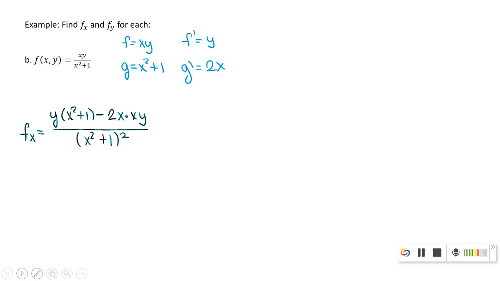So now I'm going to plug that into my quotient rule. The quotient rule says if we want to find the derivative of f divided by g, we're going to take f prime times g minus g prime times f, all over g squared. And so I plugged the expressions above into that quotient rule.